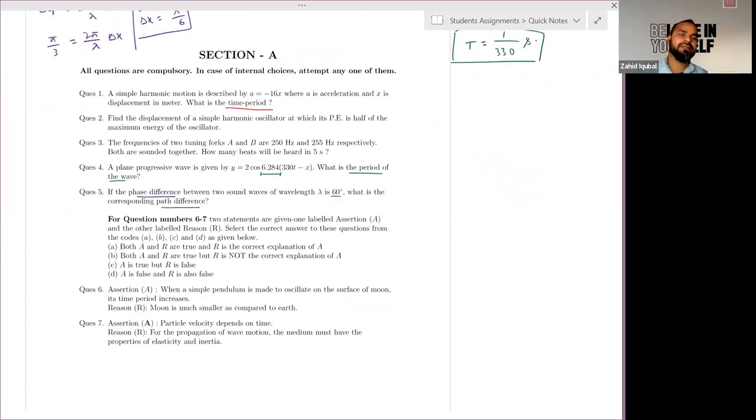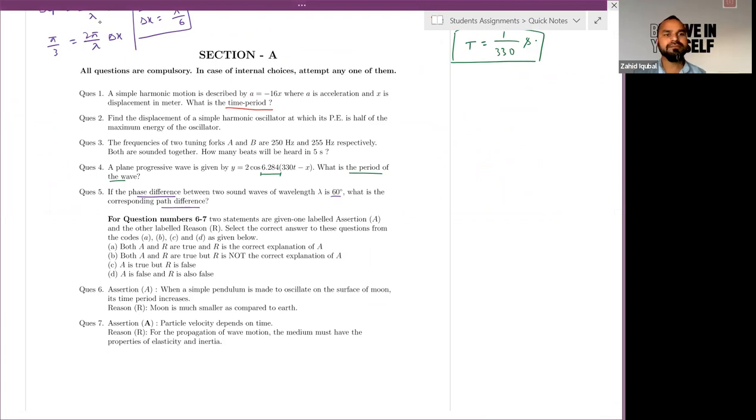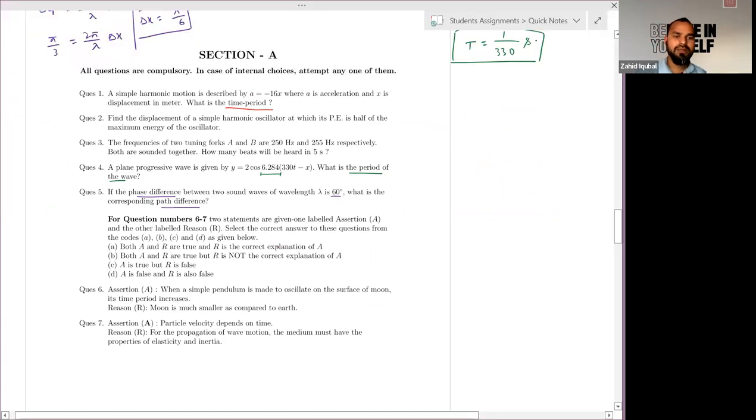Question number 6 and 7 is assertion based. So the first statement is, when a simple pendulum is made to oscillate on the surface of the moon, its time period increases. According to the formula of time period for oscillation of a simple pendulum, it will be 2π√(L/g), where L is the distance of the center of mass of the bob from the axis of rotation, and g is the net acceleration of that particular system.